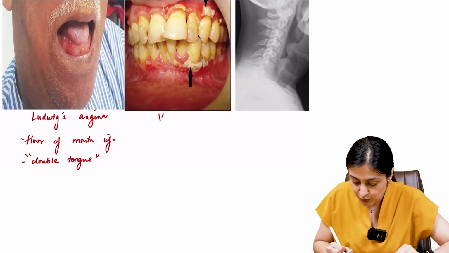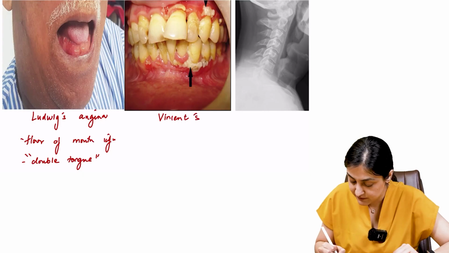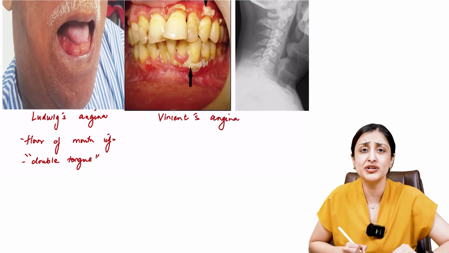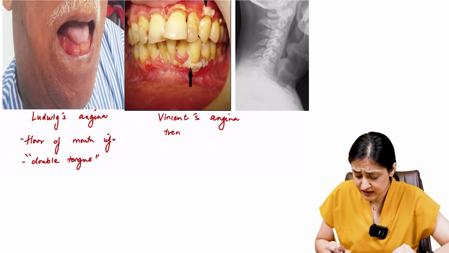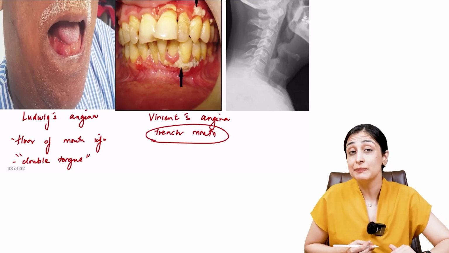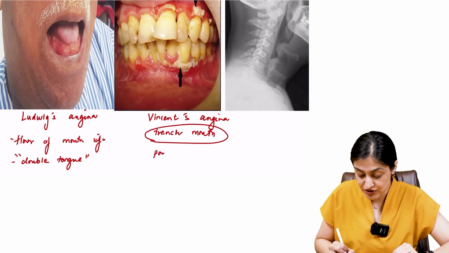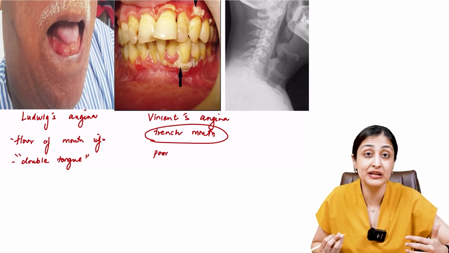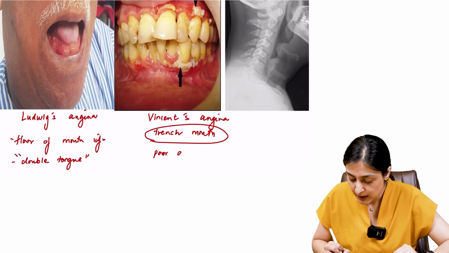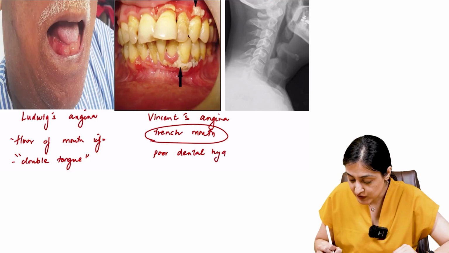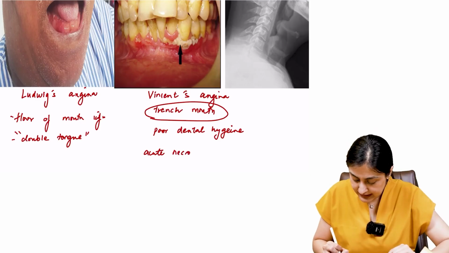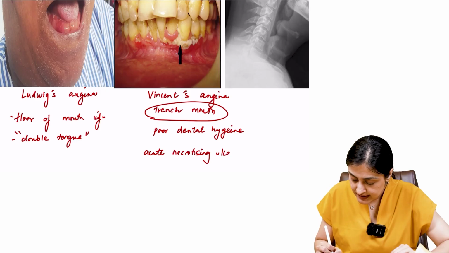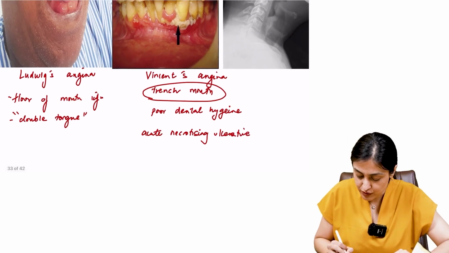From Ludwig's angina, we go to another uncle whose name is Vincent. Vincent's angina. Again, Vincent also didn't have chest pain. In fact, Vincent was a prisoner of war and he was living in a trench for a very long time. So this is called trench mouth. Yeah, in people who have very poor dental hygiene, like prisoners, right? They would not be given a good toothpaste, I assume. So poor dental hygiene is one of the risk factors, and that's why this is also called acute necrotizing ulcerative gingivostomatitis.